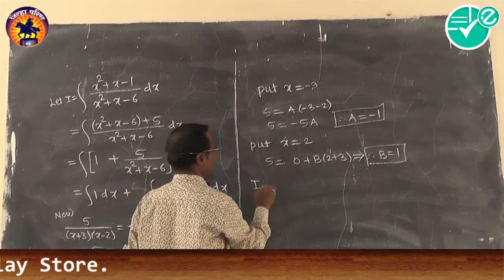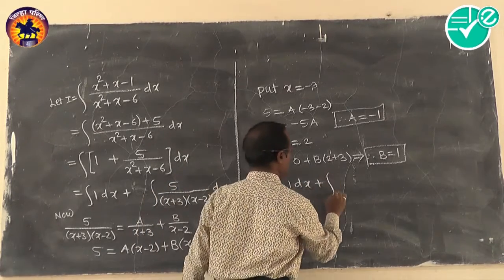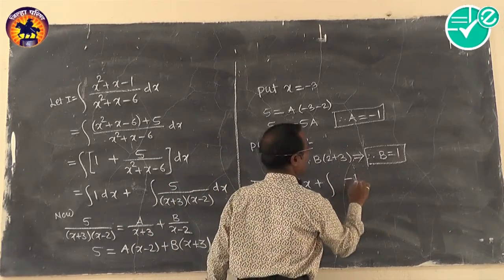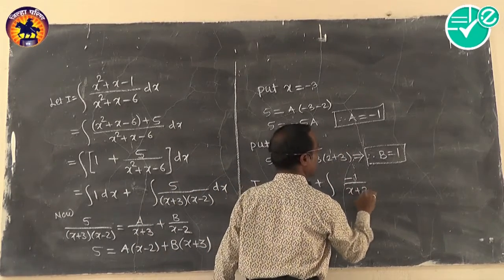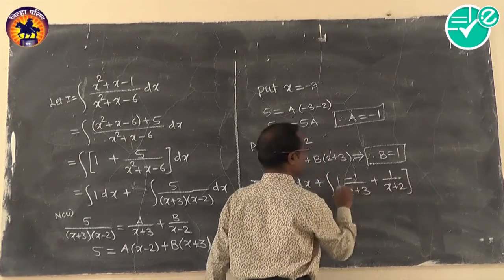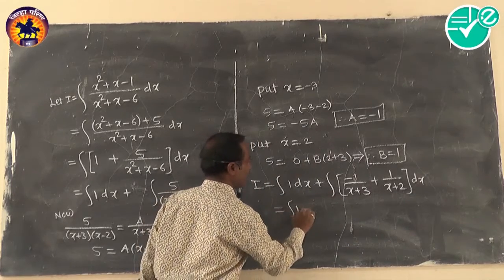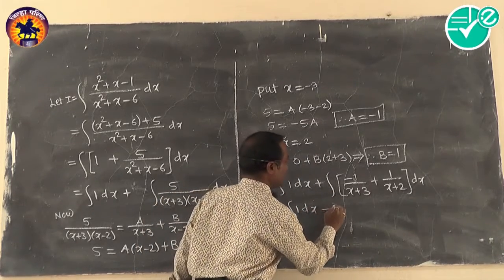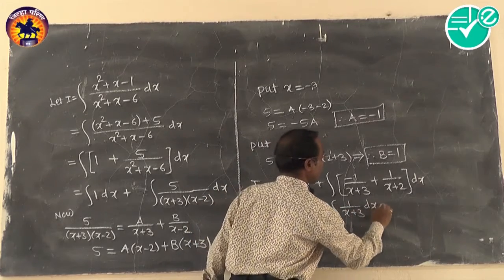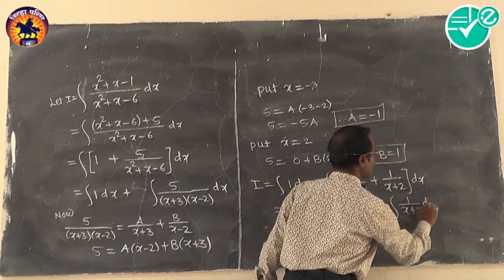Therefore, I can be written as integral of 1 dx plus integral of a upon x plus 3, minus 1 upon x plus 3 plus 1 upon x plus 2, into dx. So this can be written as integral of 1 dx minus integral of 1 upon x plus 3 dx plus integral of 1 upon x plus 2 dx.